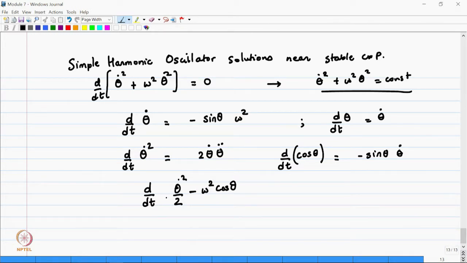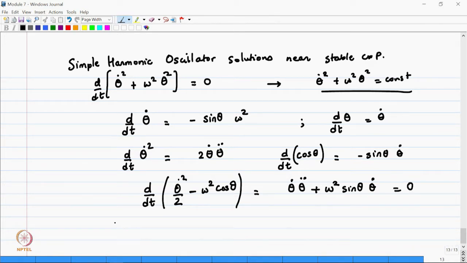This quantity is equal to theta dot theta double dot plus omega square sin theta theta dot, and this is equal to 0.